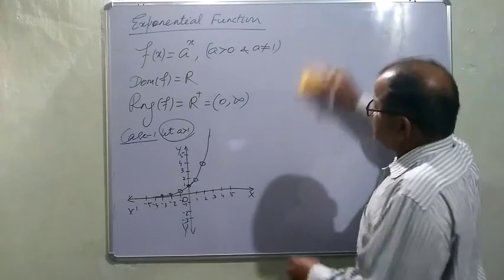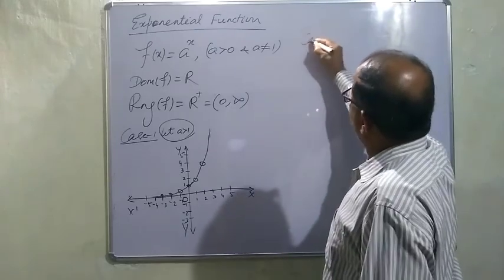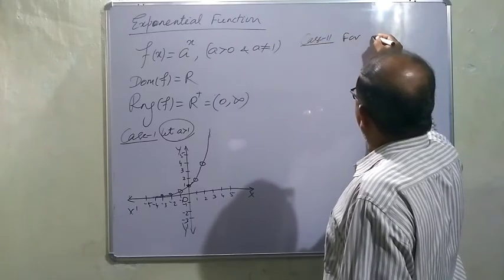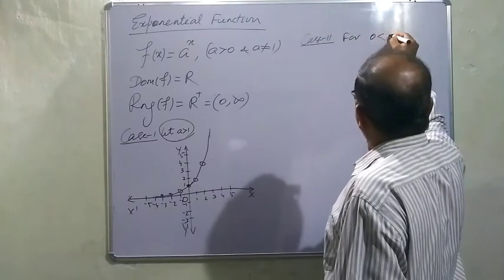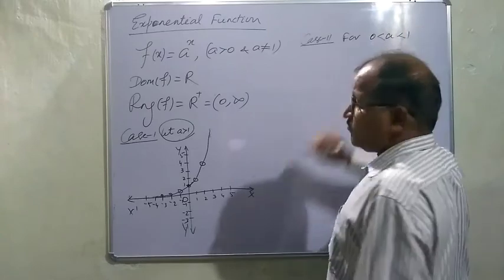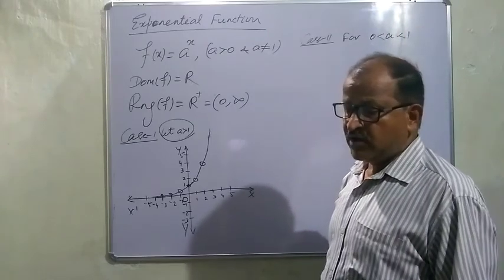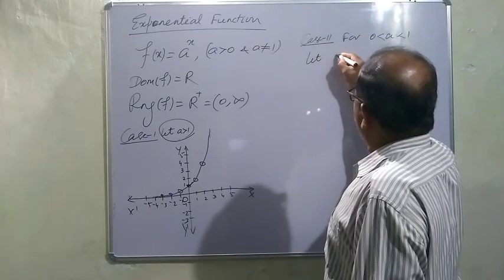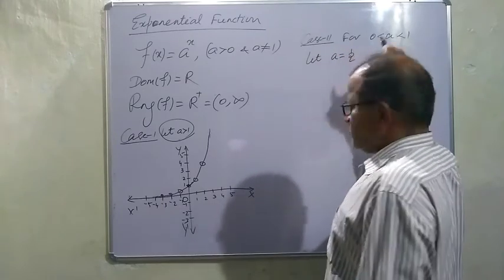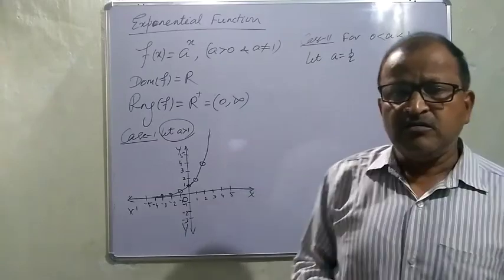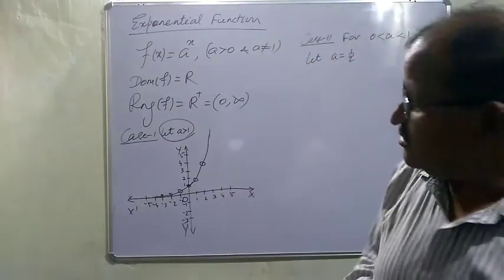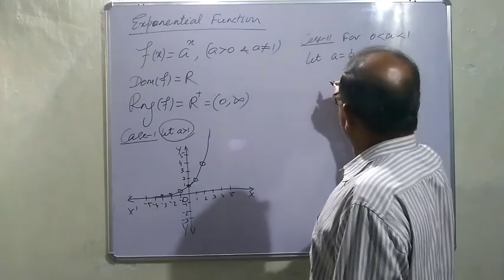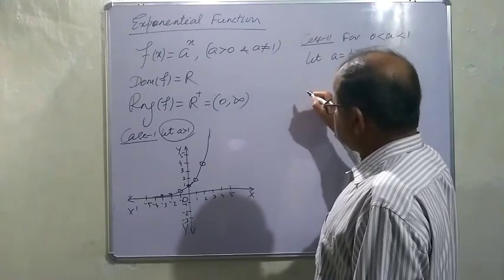Suppose case 2, for a greater than 0 but less than 1. Here, let a be equal to 1 by 2, a number which is greater than 0 but less than 1. Now let us find out some points.